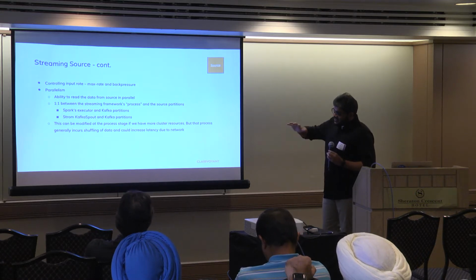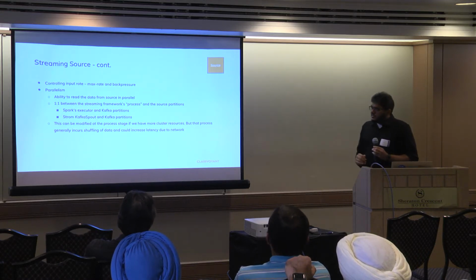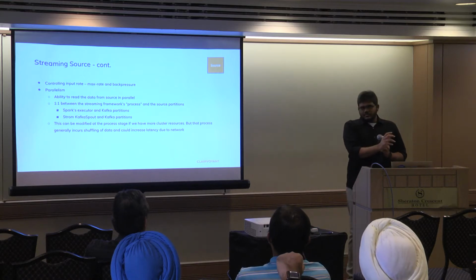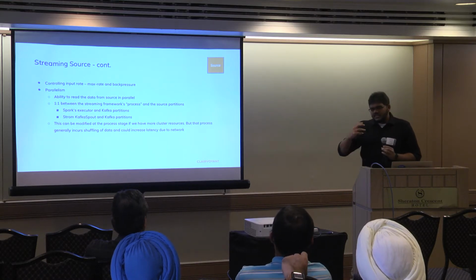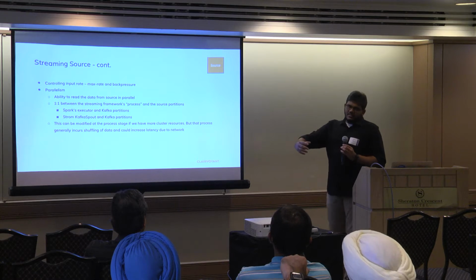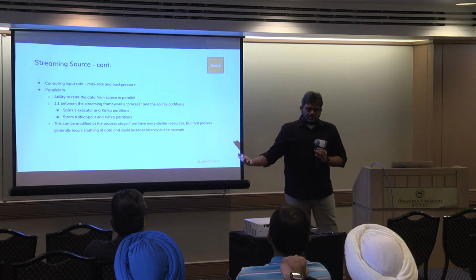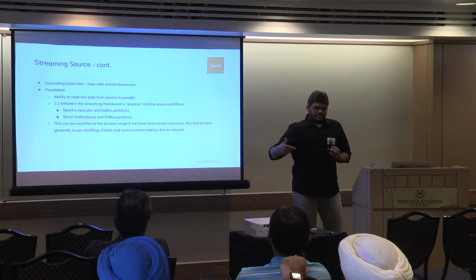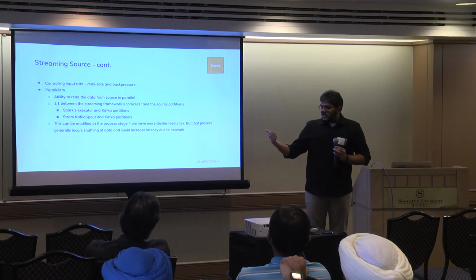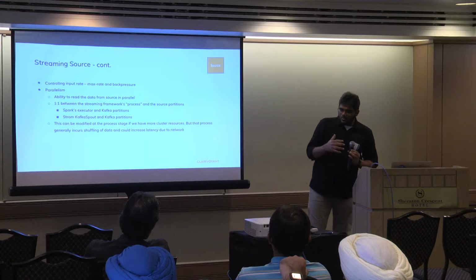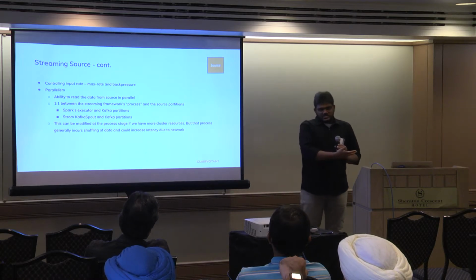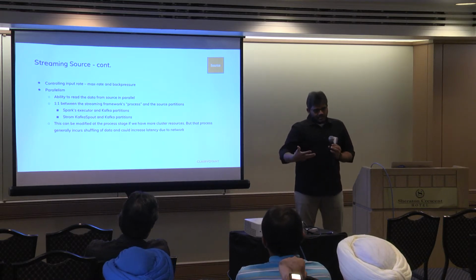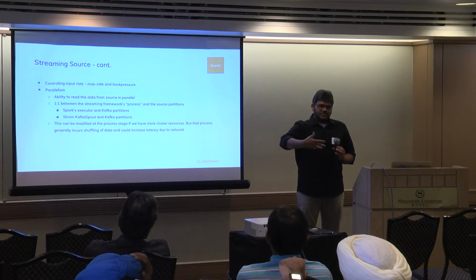Now, there's an extension to this. You read the data from the source, right? And sometimes you can continue with that parallelism to the next phase, which is the process, or you also have the ability to increase the parallelism at the next stage. You have 10 partitions on the Kafka side, and you have 10 executors, or you have 20 executors, basically, right?